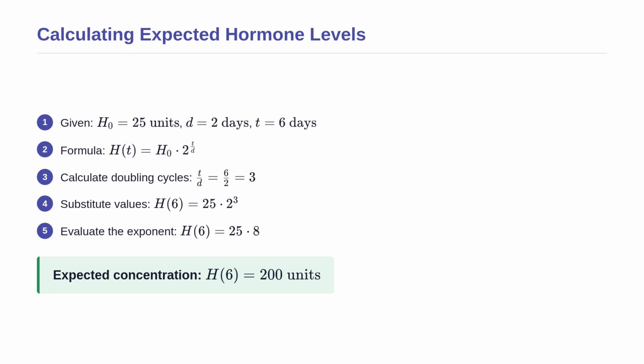We plug this into our formula, meaning we multiply the initial 25 units by 2 raised to the power of 3, which is 8. Multiplying 25 by 8 gives us a final expected concentration of 200 units. This tells the doctor the embryo is growing perfectly.